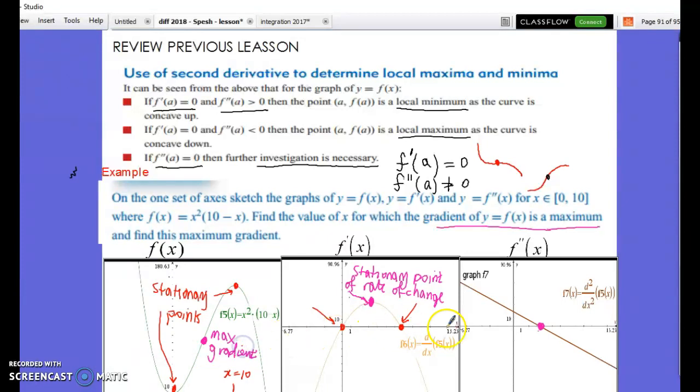Right, and that appears over here as the x-axis intercept of the double derivative. All right, so that there is your coinciding max gradient location. All right, so you let your double derivative equal 0, and you solve that for x, essentially finding the x-axis intercept of that f double dash function.